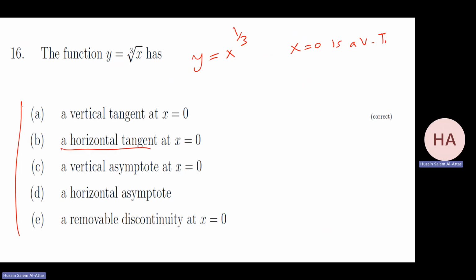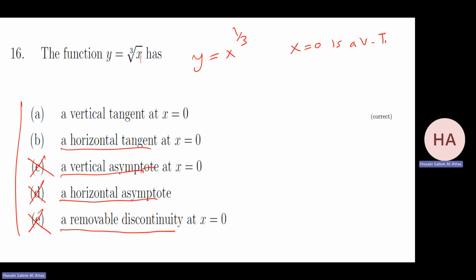Horizontal tangent, no. Vertical asymptote, horizontal asymptote. Removable discontinuity at x equals 0? No, it's continuous at x equals 0. It has a horizontal asymptote? No horizontal asymptote. As x goes to infinity or minus infinity, I'm getting nothing. Vertical asymptote, no, actually it's defined at x equals 0. So no vertical asymptote, it will not go to infinity or minus infinity.